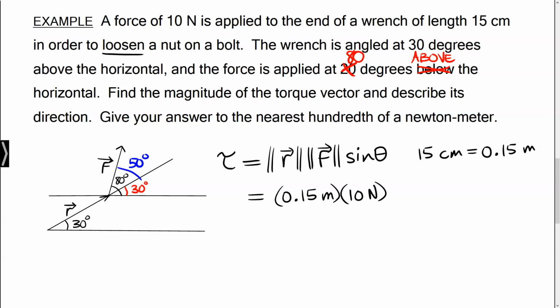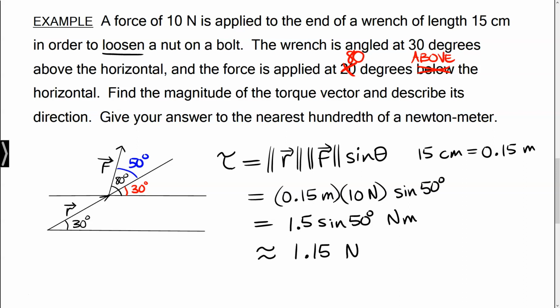So we're really taking the sine of 50 degrees. So this is going to be 1.5 times sine of 50 degrees Newton meters. So let's see what that makes. So that is about 1.15 Newton meters.